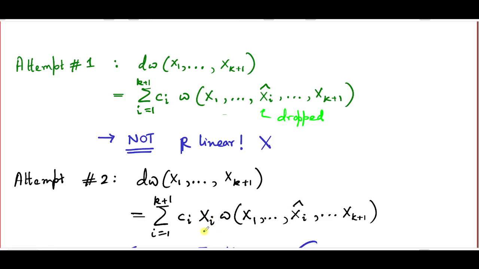Then sum up all the resulting functions which come from different values of i going from 1 to k plus 1 with some set of factors c1, c2, c3 and so on.